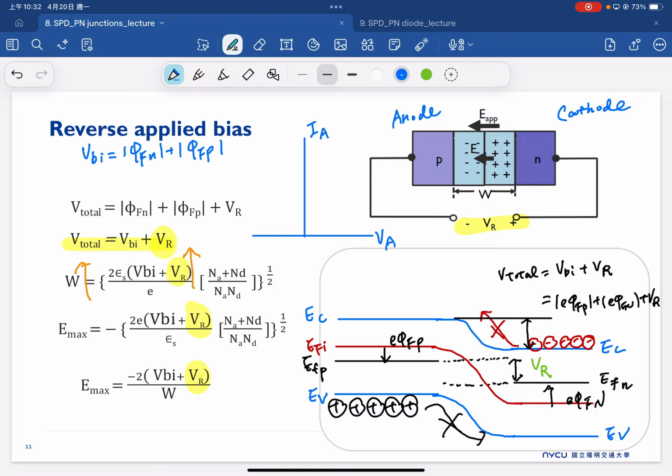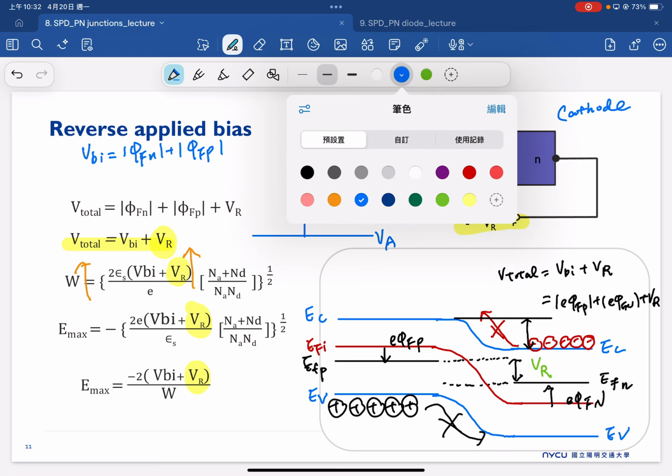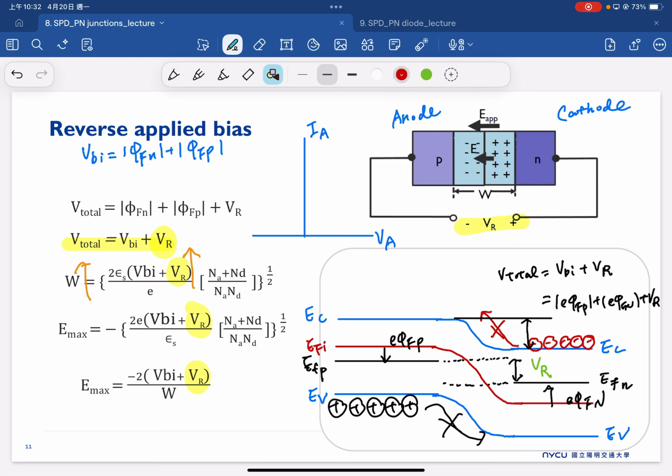Because we now apply the reverse bias, which means we increase the voltage in this direction, because VR is equal to minus VA. We don't derive the current equation at this moment, but based on what we already know, as we increase the reverse bias, our barrier increases and our depletion width increases.